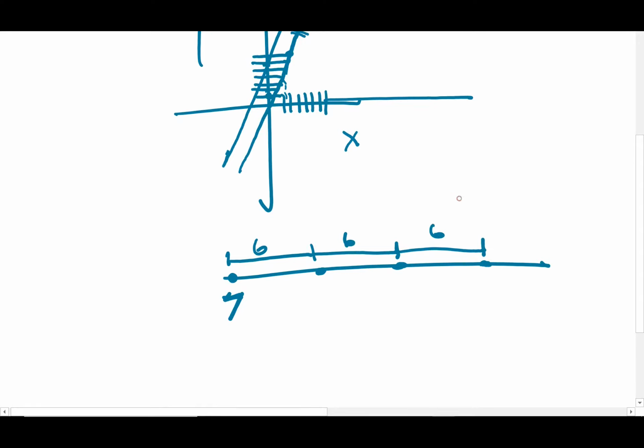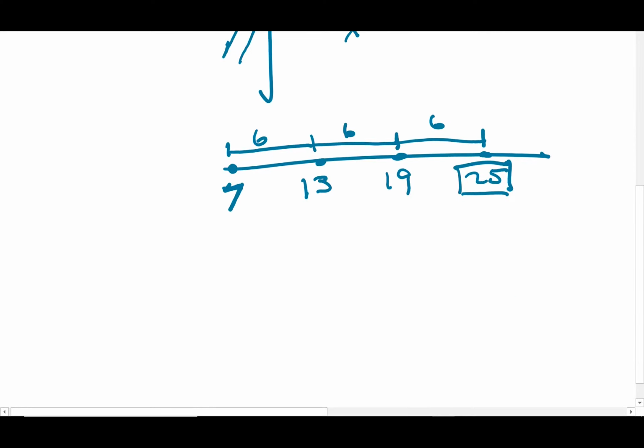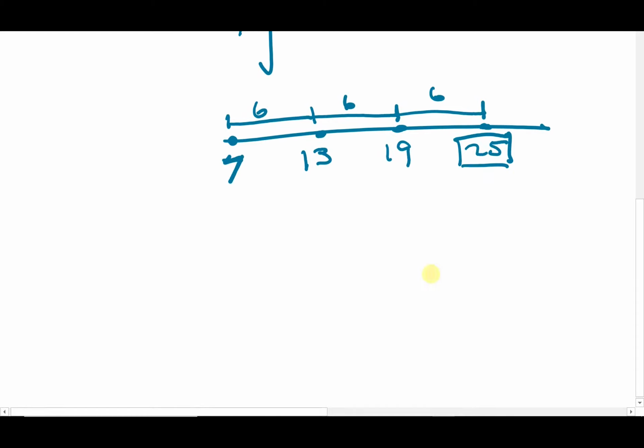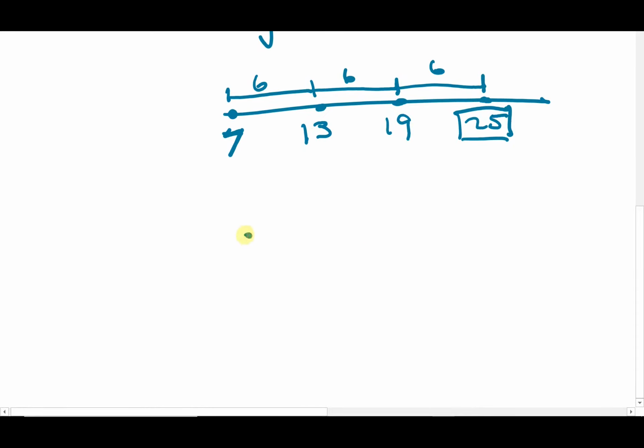So we have 13, that's prime, 19, prime, and then we hit 25, which is not prime.